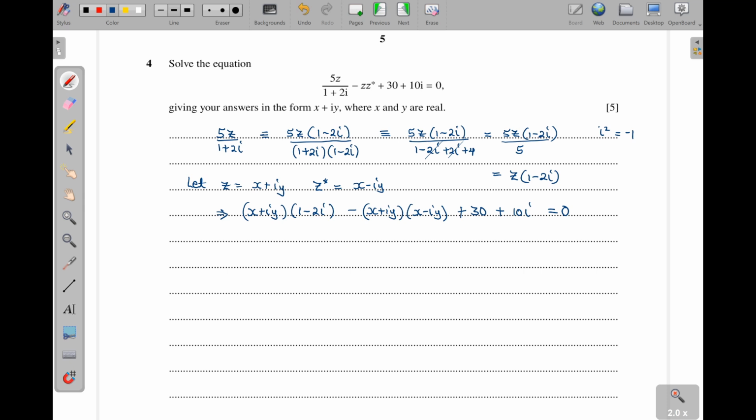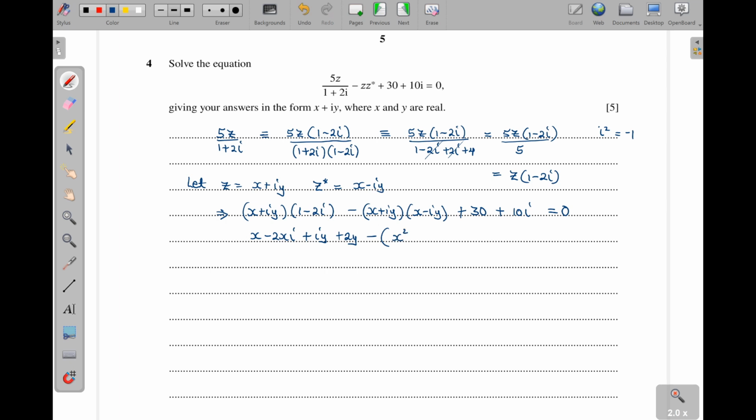Now the next thing to do is, of course, to open the bracket. So x times everything here, we shall have x minus 2xi, then this and this, we shall get plus iy, then next we shall have this and this. That one will give us minus 2y i squared, but i squared is a negative one, so we shall have plus 2y. Then minus, let me first expand this one here.